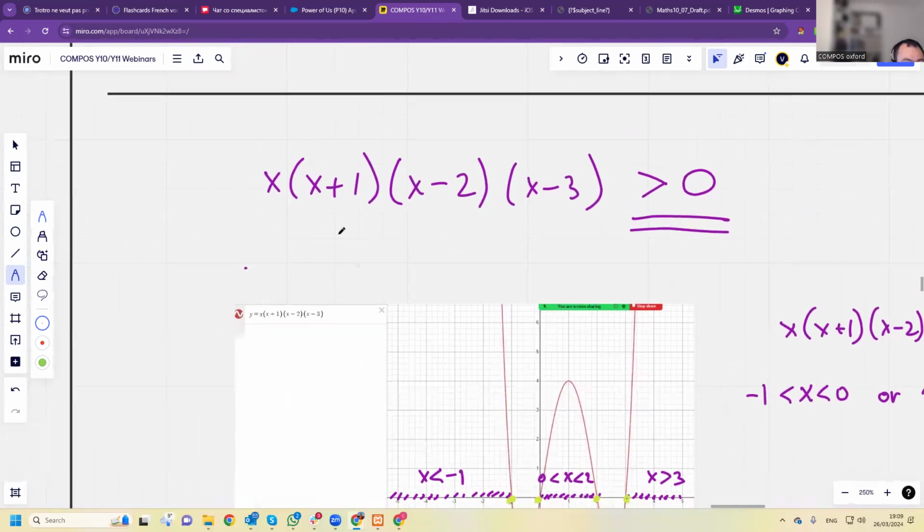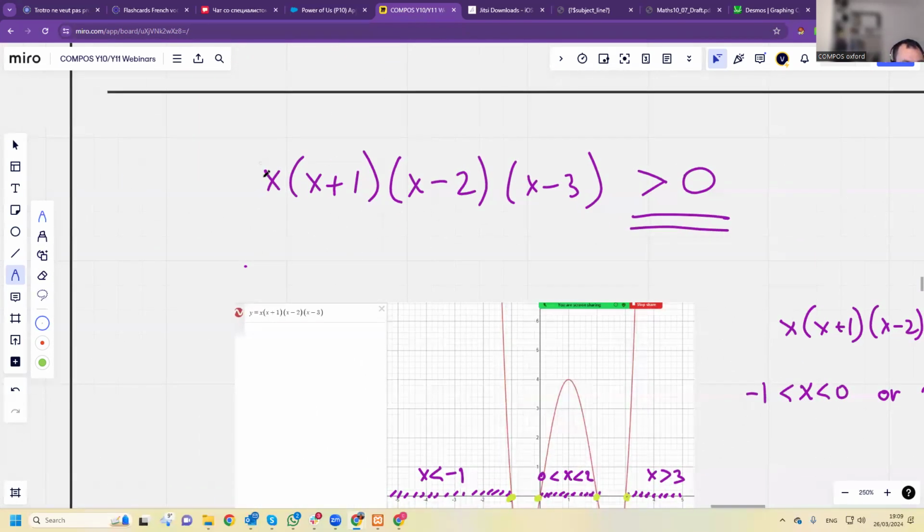The first thing you ask yourself is, when is the function equal to 0? And it's equal to 0 when x is 0, when x is -1, when x is 2, and x is 3.